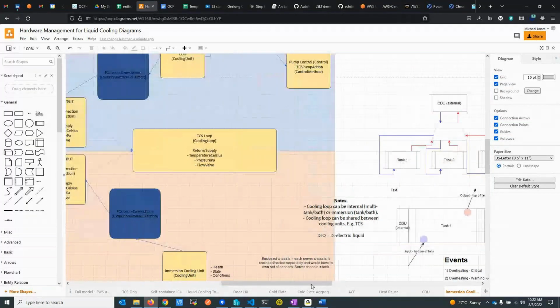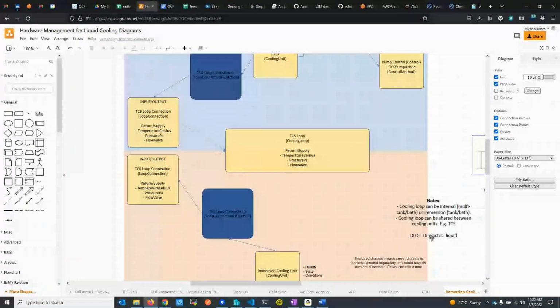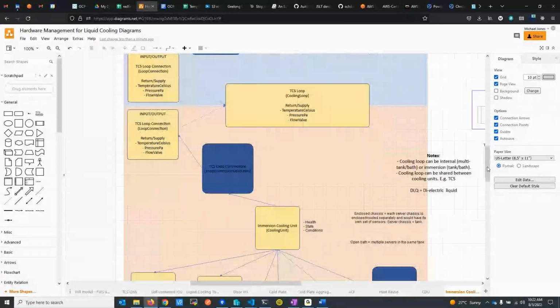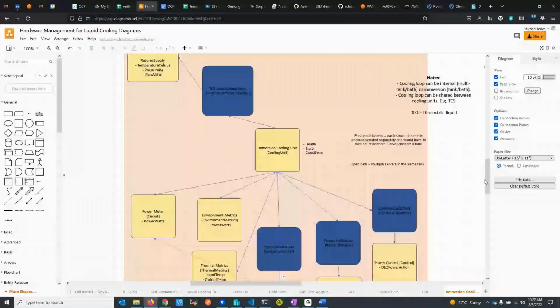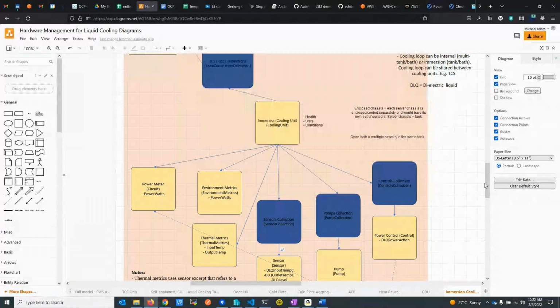Okay, so it's really where the server relationship is. You either have one to many from the CDU, or the CDU is one to tank, and then the tank is one to many. So okay, all right.